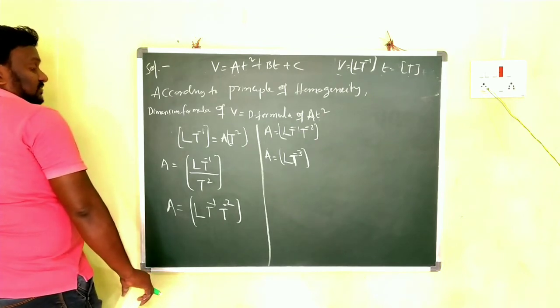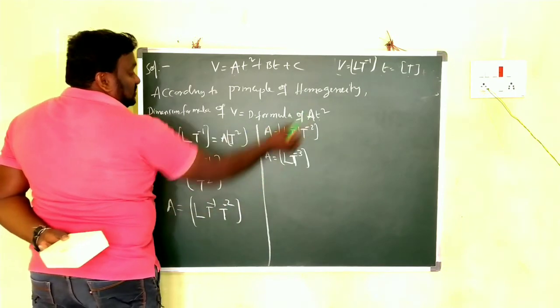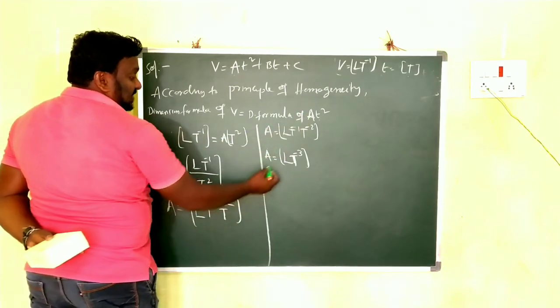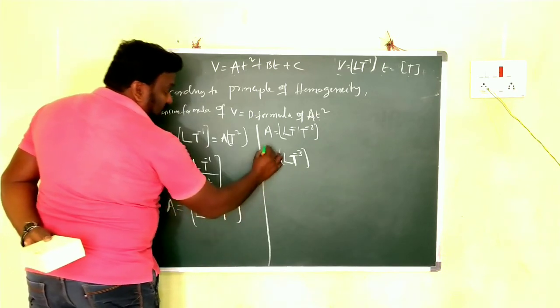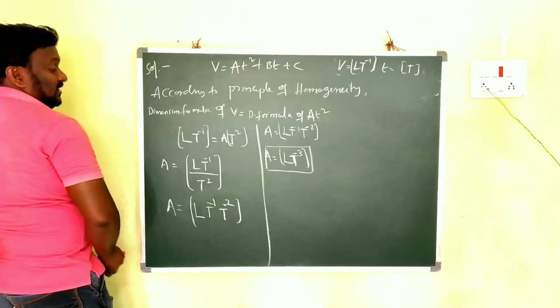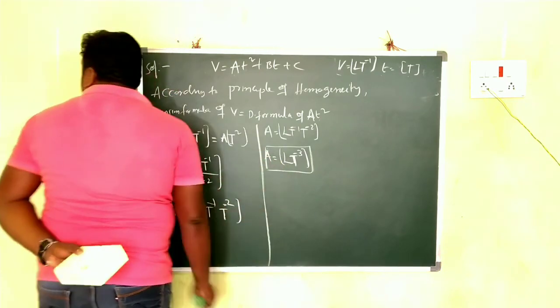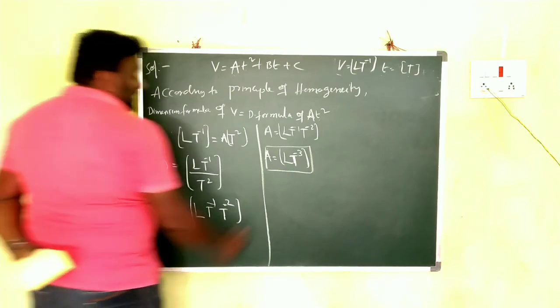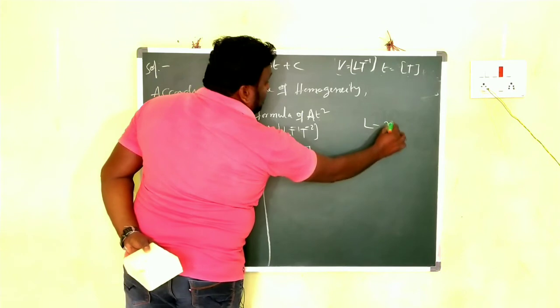So now, children, A is the constant, and for that constant we write a dimensional formula. A is equal to LT inverse 3. Now for the units, what do we write, children? L is nothing but length, its unit is meter.